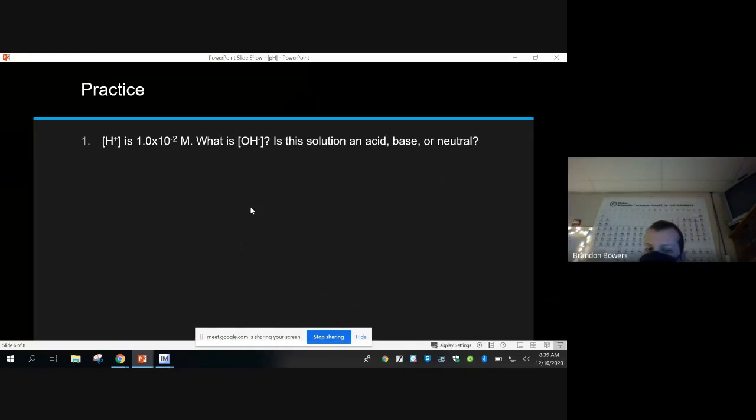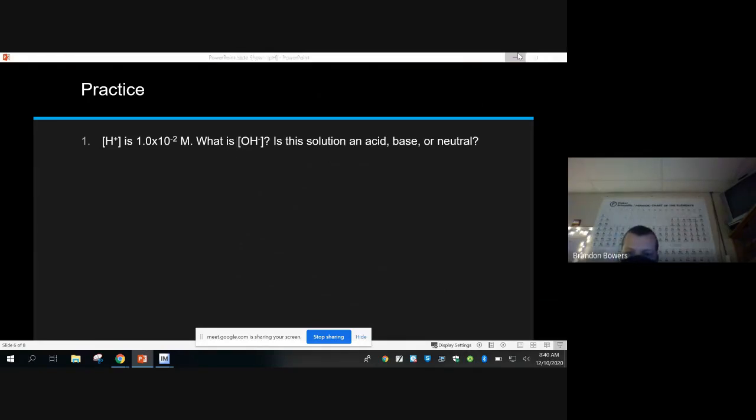So if you see a problem like this, H plus is equal to 1.0 times 10 to the negative second. In this example, it says, what is the OH value?